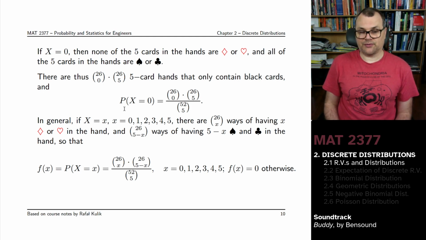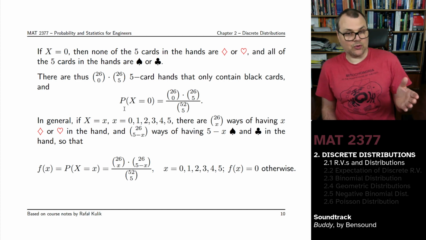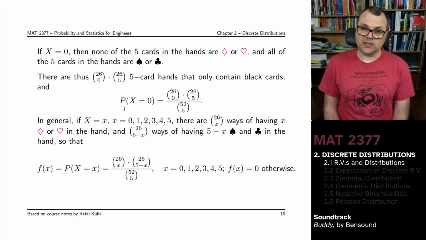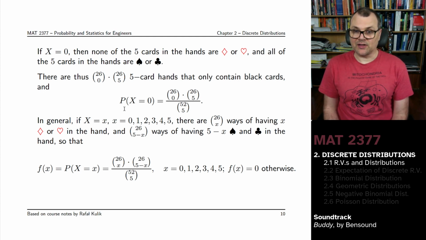Now, if you pick some other value of x, anything between 0, 1, 2, 3, 4, and 5, you're going to have 26 choose x ways of having exactly x red cards in your hand, and 26 choose 5 minus x ways of having 5 minus x black cards in your hand.